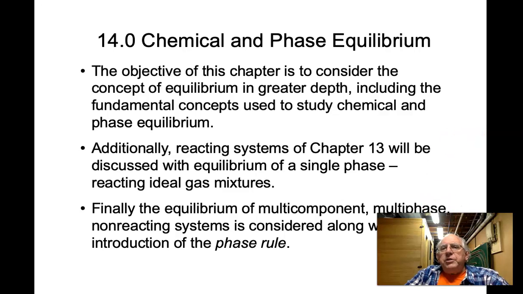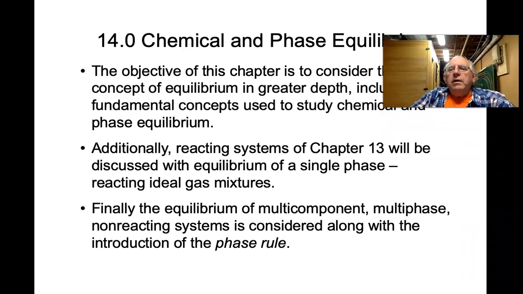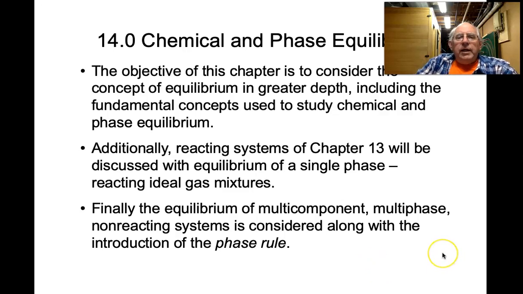And so in this particular chapter, we want to look at what happens when we have multi-component, multi-phase, non-reacting systems as well as reacting systems. And we will be doing that with the introduction of what's referred to as the phase rule.